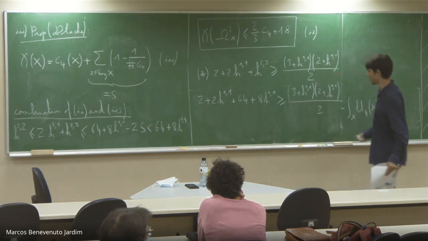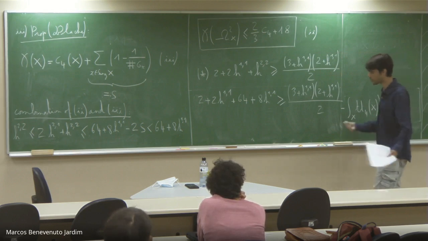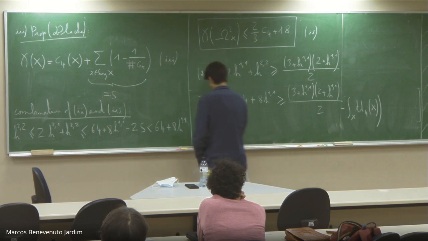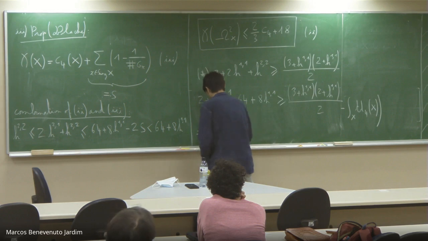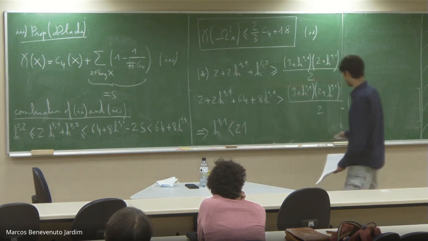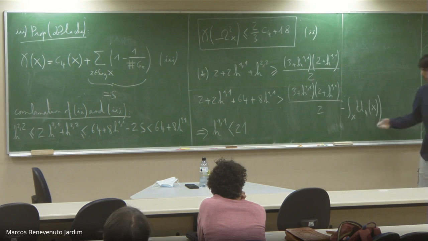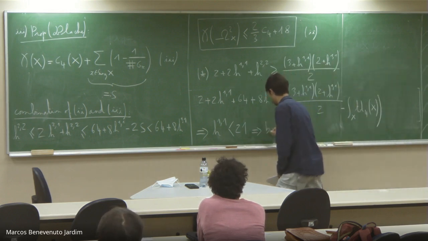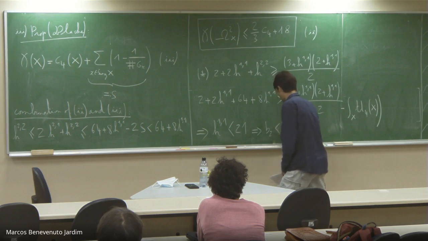Now I just have an equation on H11, so I can just solve. We obtain a polynomial of B2, and it implies that H11 has to be strictly smaller than, sorry, here it's 21. And so the B2 is strictly smaller than 20.